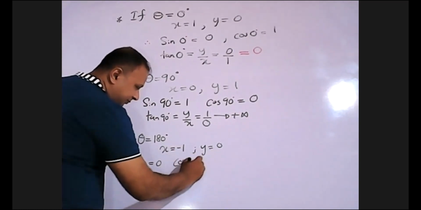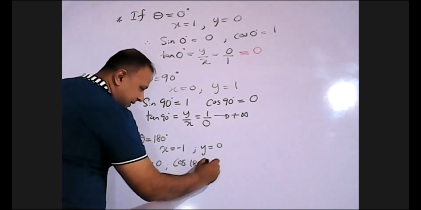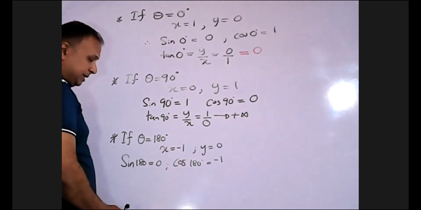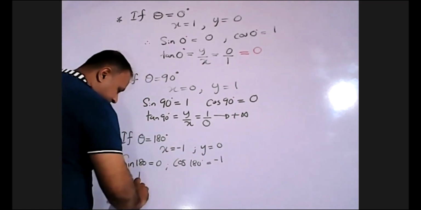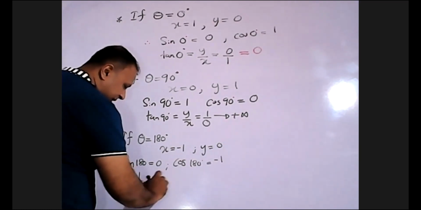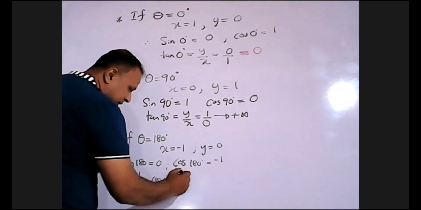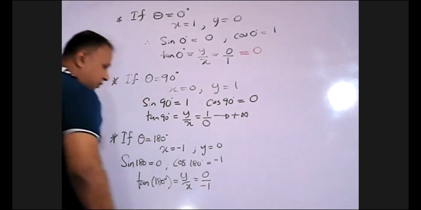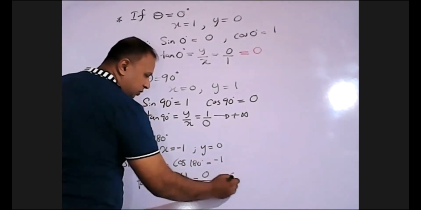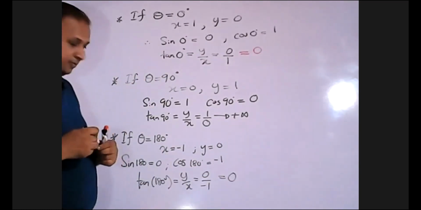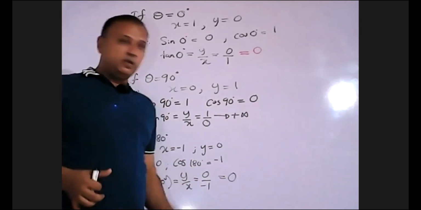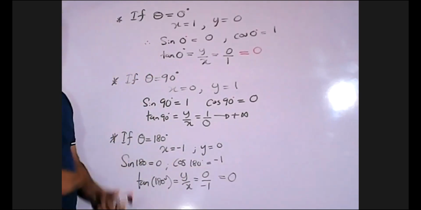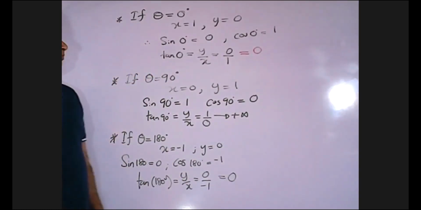Cos 180 is equal to -1 because the x value is -1. Then tan value. Tan 180 is equal to y over x. That means 0 over -1. So that is equal to 0. This is a multiplication with 0 because 0 is in the numerator. Therefore, it is equal to 0. Write down this thing.